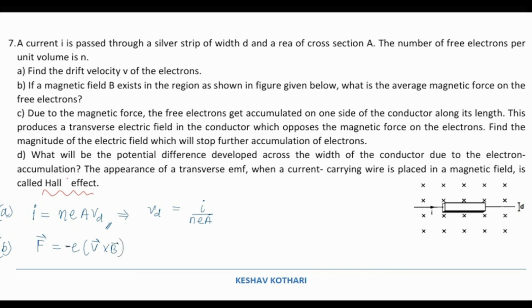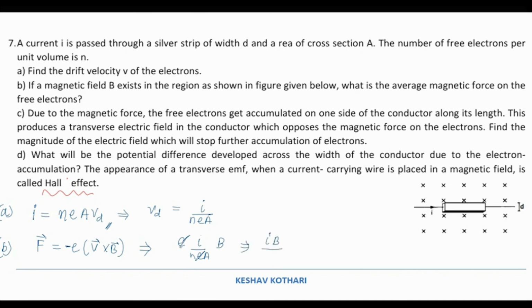So we can write it as E, the value of V which is I upon nEA, and B. We cancel this out and obtain the force as IB upon nA.